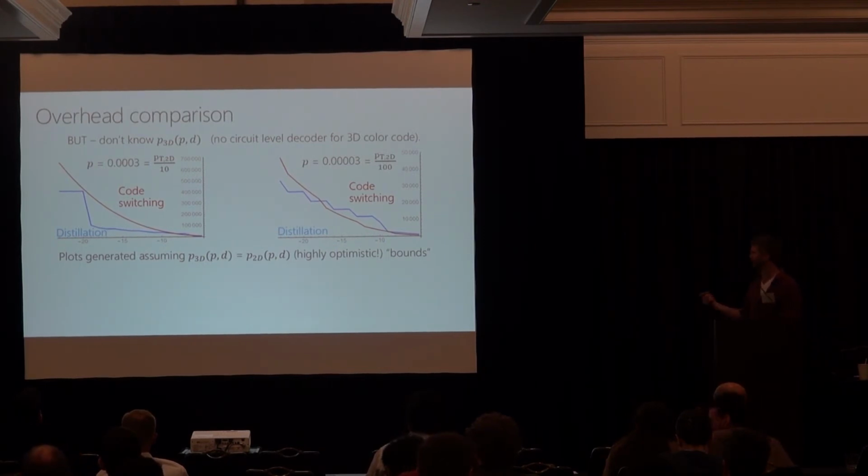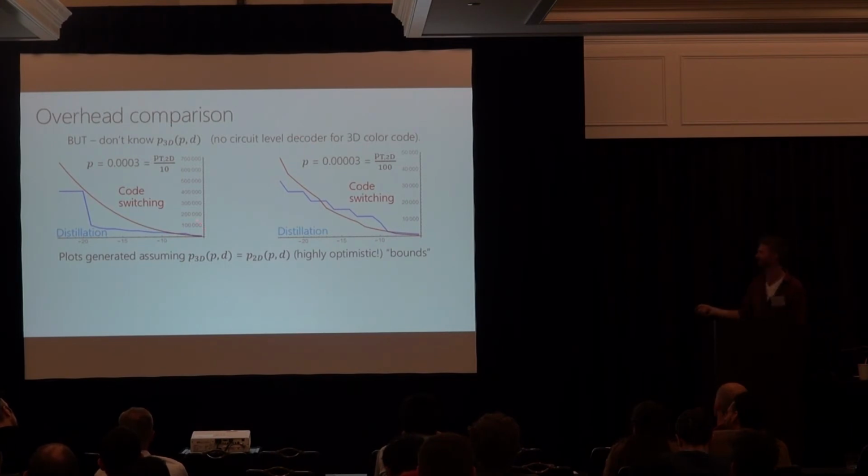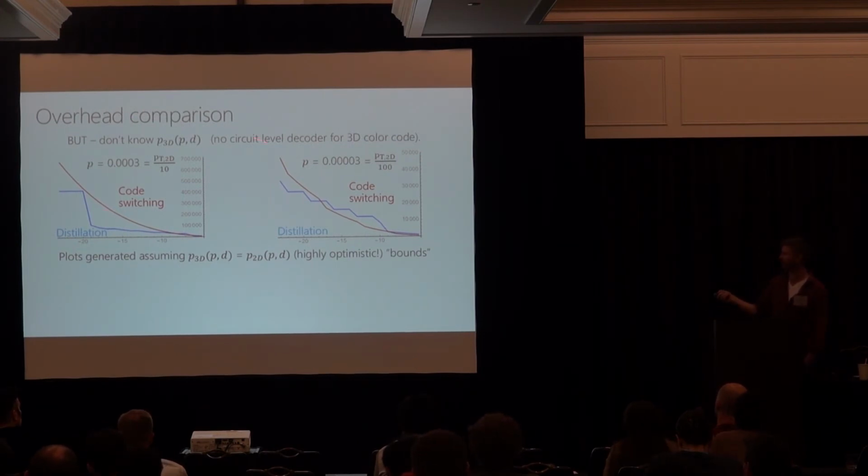If you go to even lower error rates, so Austin's probably terrified now, you do see some crossing. So it's not impossible that you could get some comparison, but I would remind you that it's very probable that this is much worse. And if the threshold of the 3D color code is even half of the 2D color code, then this curved line goes way up. So it's an unfortunate comparison.